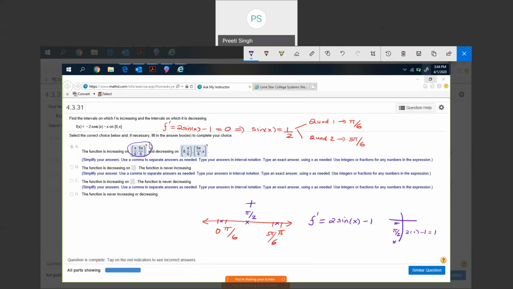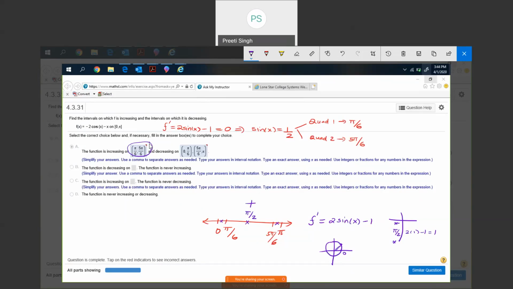From 0 to pi over 6, if you look at the unit circle, sine of 0 is 0, and sine of pi over 6 is the y value. So between 0 and pi/6, the value of sine is between 0 and 1/2.